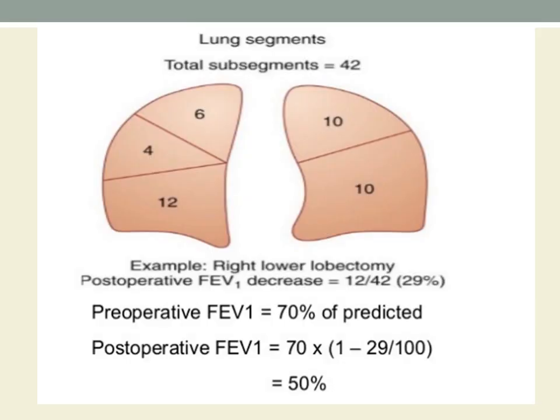If we talk of subsegments, there are 20 subsegments on the left and 12 on the right. It is good to have a rough idea. On the right there is a middle lobe; on the left there is no middle lobe.